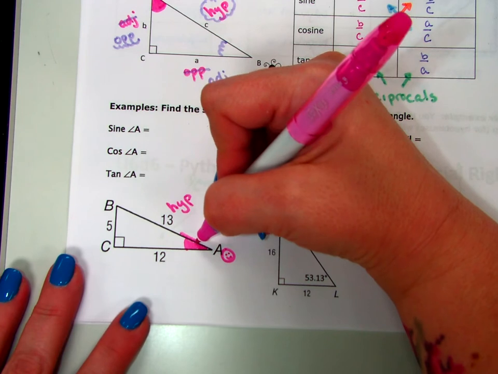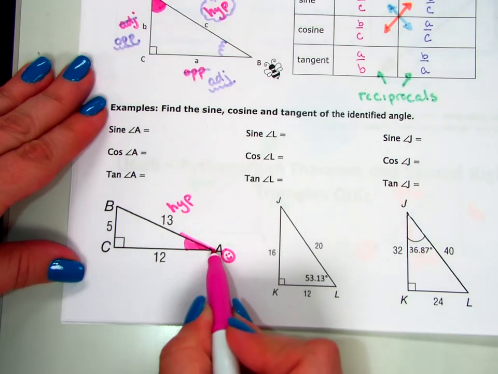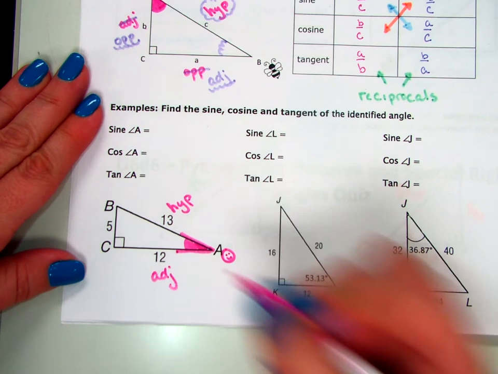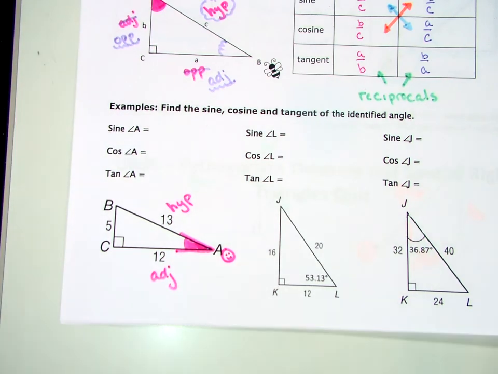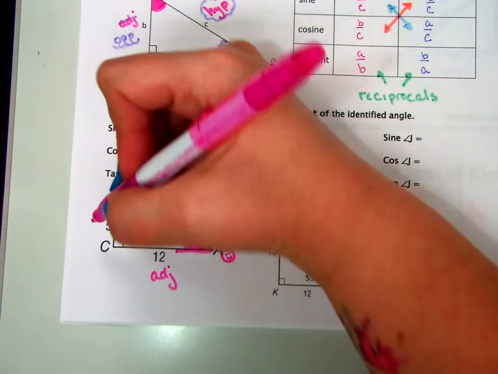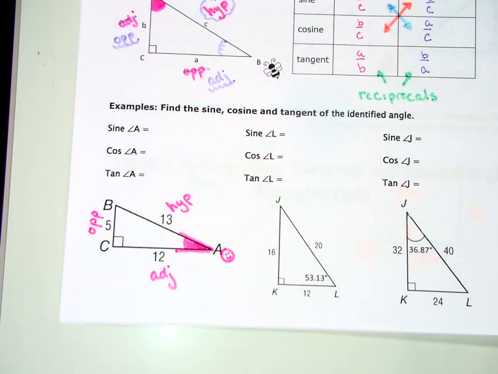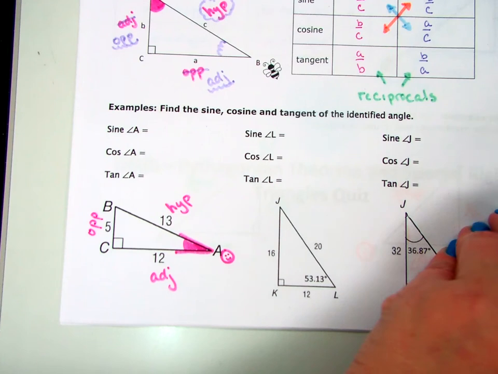Which one's the adjacent, 5 or 12? 12, right? Remember to find it, you highlight the two sides coming out of that angle, and the one that's not the hypotenuse is the adjacent. Which means the one I'm yelling at on the opposite side of the room is 5, my opposite.